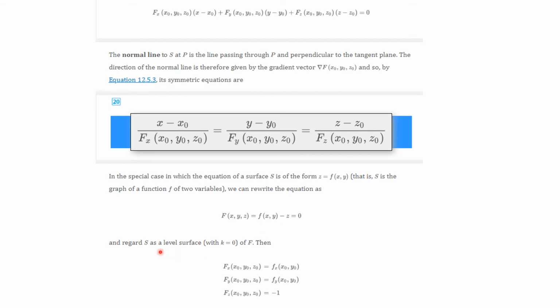So when we regard S as a level surface with k equals 0, we find these values. This is an important special case, and we'll in fact use this when we're computing integrals later. The partial with respect to x is the partial of lowercase f with respect to x, the partial with respect to y is the partial of lowercase f with respect to y, and this one is minus 1. Again, this is a result we're going to use later.